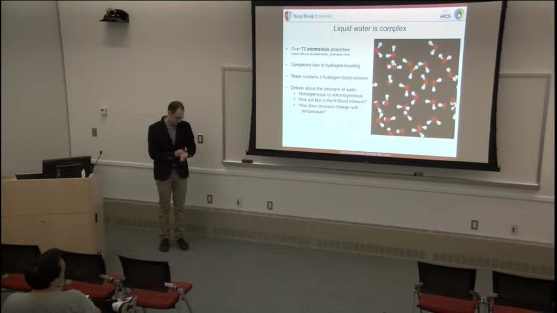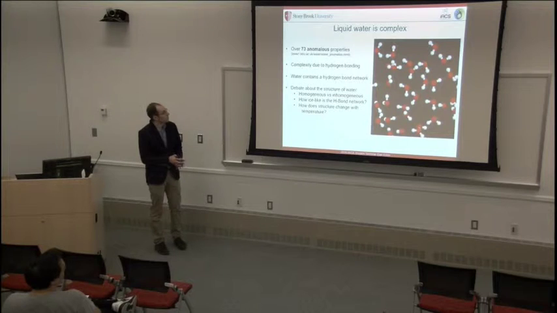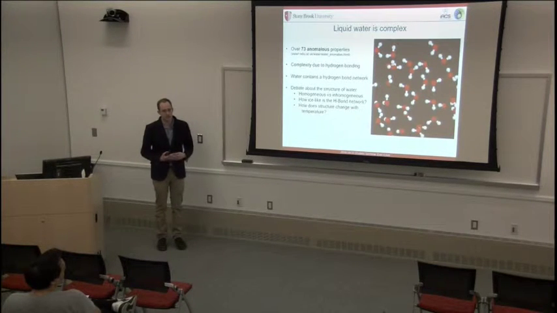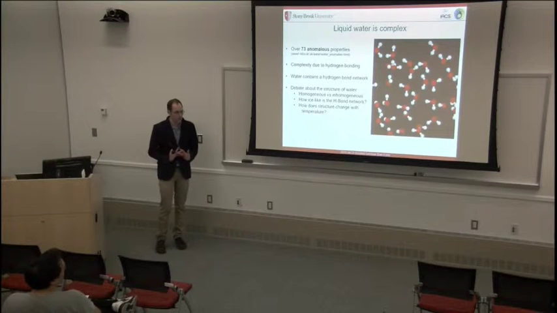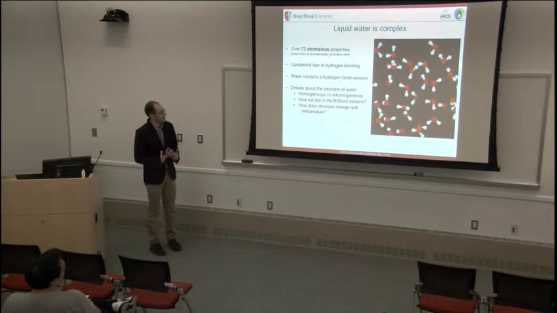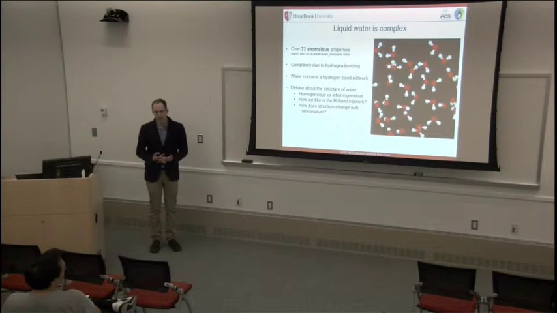And most of those anomalies can be related to the presence of hydrogen bonding. And water contains a hydrogen bond network, which is a fully connected network that extends through all of space.